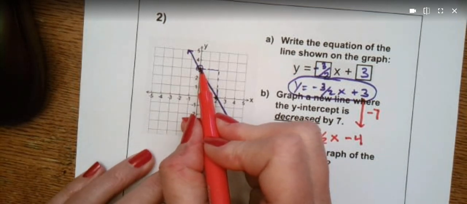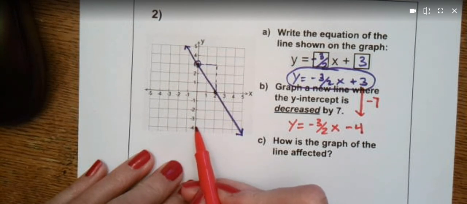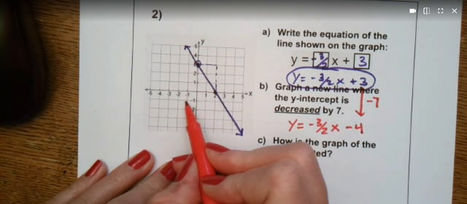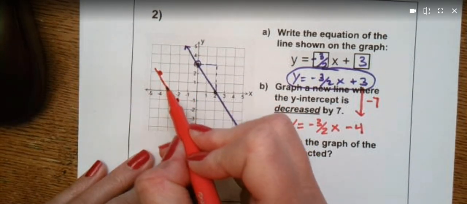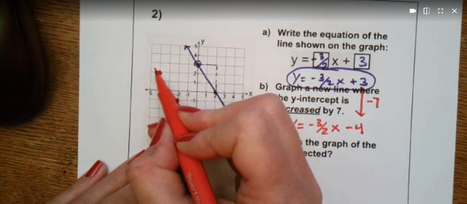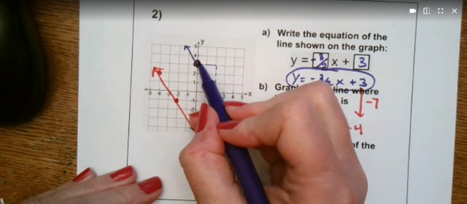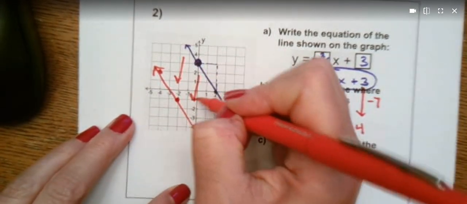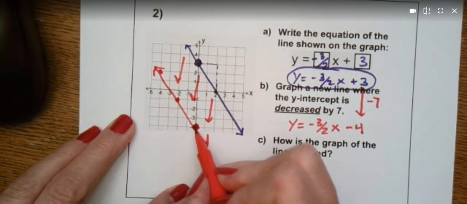So the intercept, instead of all the way up here at +3, it's now going to be at -4 all the way down here. Same slope. So rise 3 and run 2 to the left. Rise 3, run 2 to the left, and we're just going to draw that new line here. I'm just going to do it in a different color. So before, the intercept was way up here at 3, and now the line literally just shifted downward on the y-axis, and now it's going to cross the y-axis down here at -4.